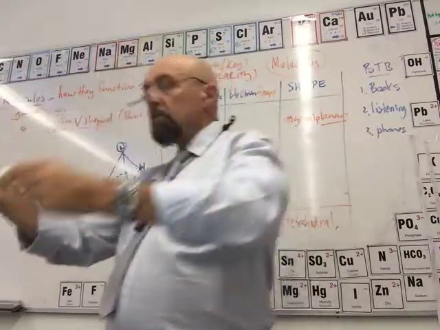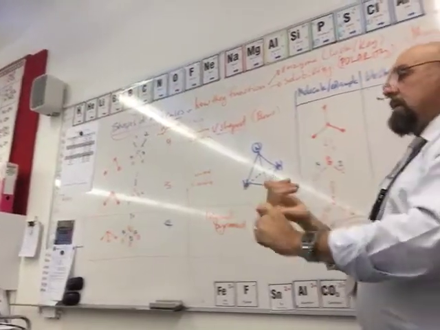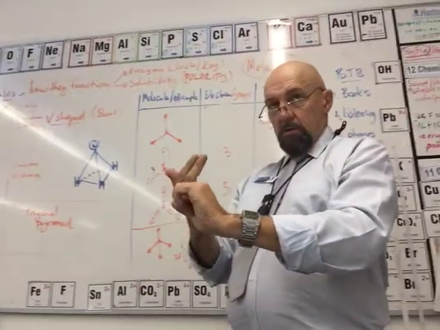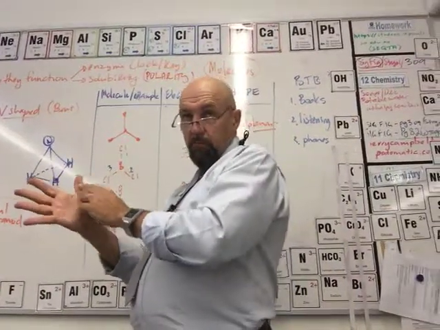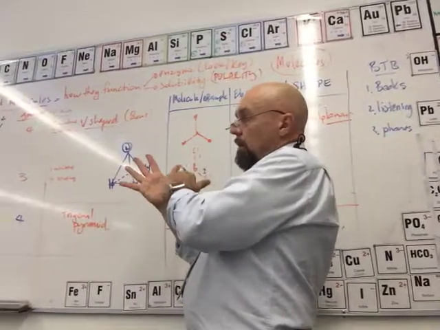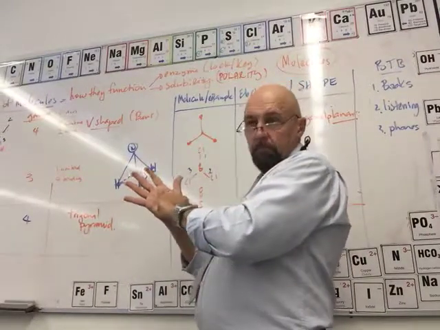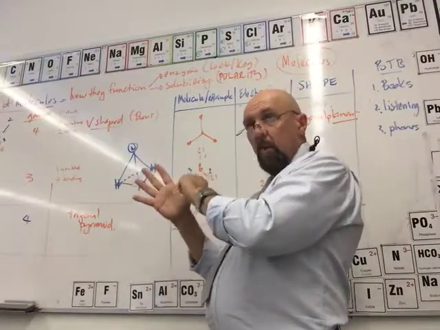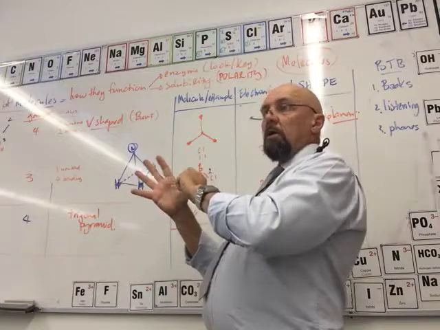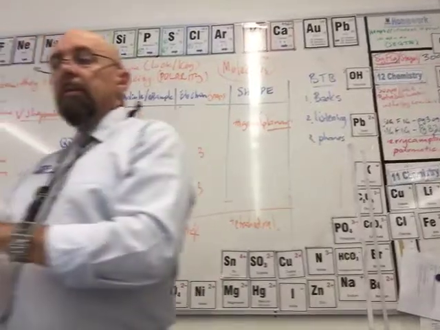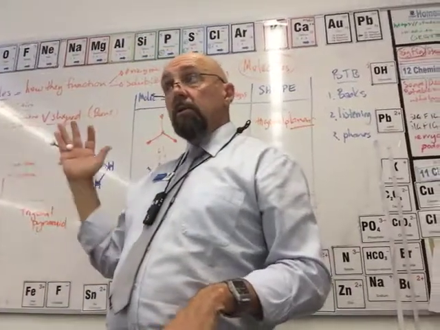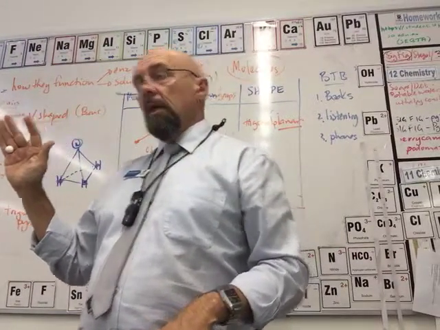Okay? So all of these shapes that we've worked on, so linear, V-shaped, trigonal pyramid, trigonal planar, tetrahedral, if you can understand all 5 shapes, then you've got the idea about how VSEPR theory works. So I should be able to give you any molecule now, that's what we're going to be doing, and you should be able to tell me what the shape of the molecule is based on those 5 shapes, alright?